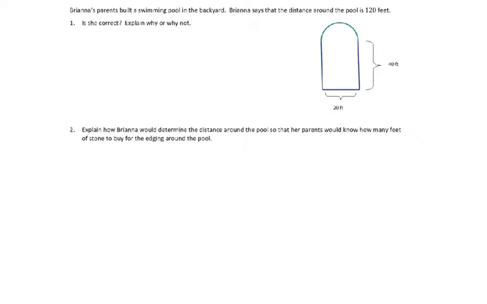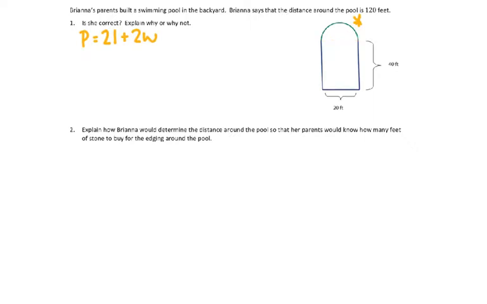All right, so when we're doing this, we see that we have a half circle on this end, and we also have a rectangle. So we find the perimeter of a rectangle, remember, by 2 multiplied by the length, plus 2 multiplied by the width. But notice that we only have one width. We don't actually have 2 widths because this is not technically a side.